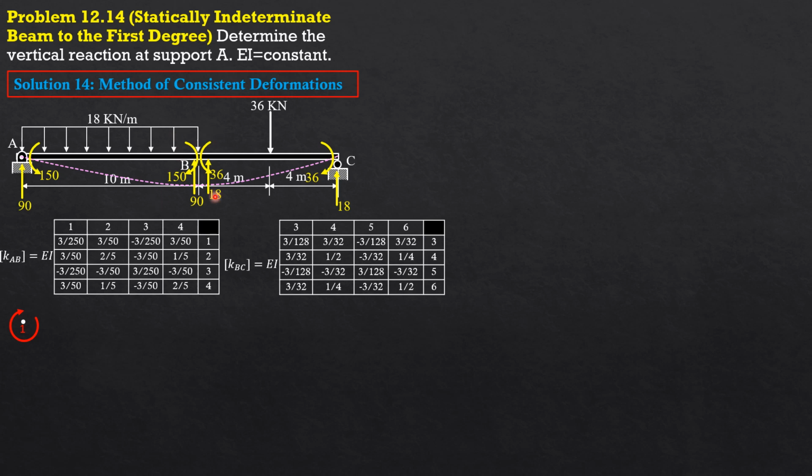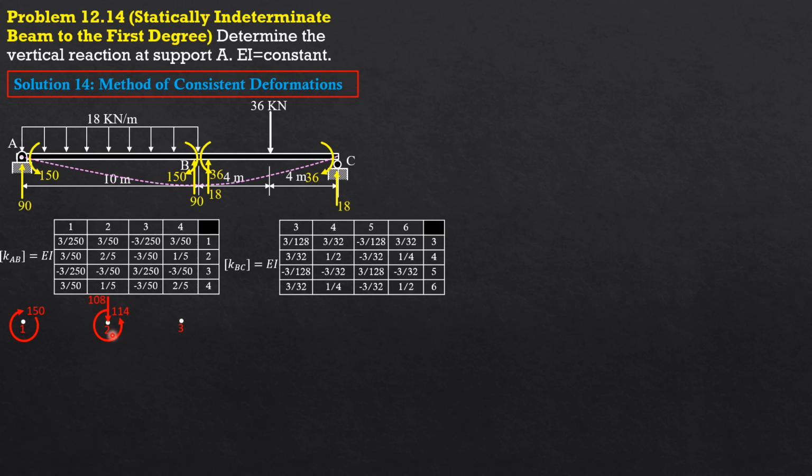Since it is positive, it is counterclockwise. So we have 108 kilonewtons downward and 114 counterclockwise. Then at C, 36 minus 0 is 36, so 36 is positive, so it is counterclockwise only at C.